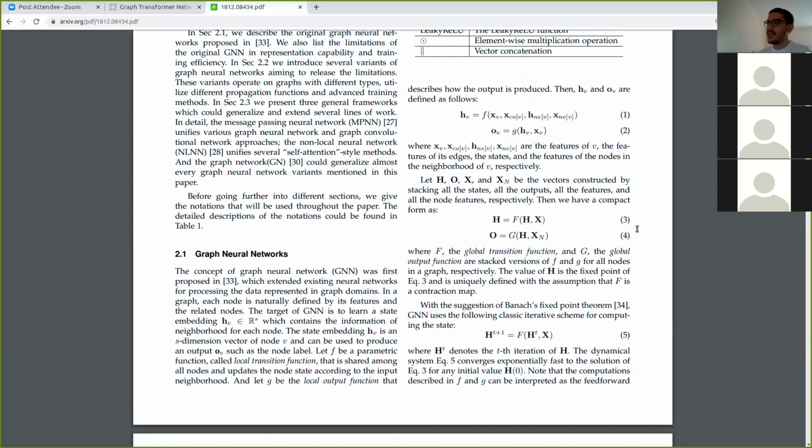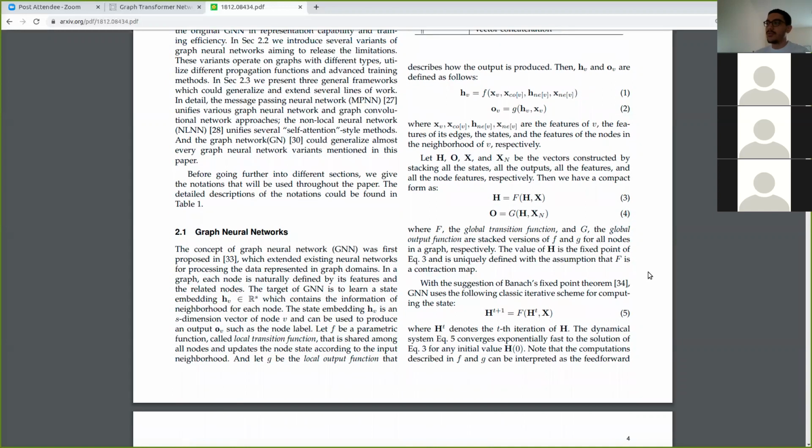Okay, so for the original GNN, from what I've read, the state for each node is actually a fixed point of the global transition function if you assume that it's a contraction map. Under this assumption, if you were to take any 2 points in the embedded vector space and apply the function on them, the output 2 points will be closer. This is what it means at a high level.